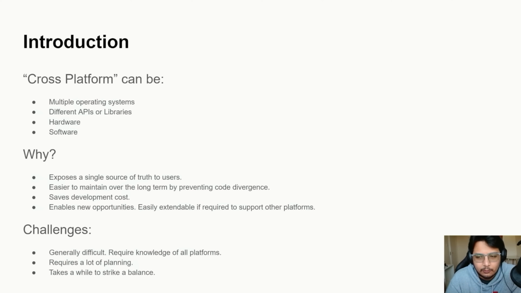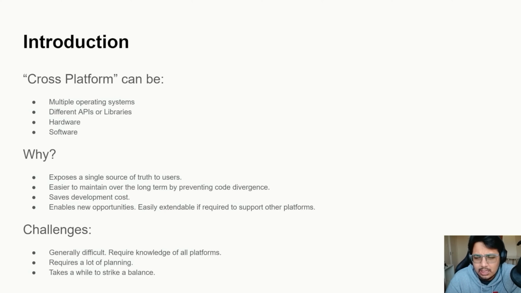So when I say cross-platform, it can mean multiple operating systems, your Windows, your Linux, your Mac OS. It can mean different APIs or libraries. So an example in the games industry is that we have so many flavors of graphics APIs to choose from. On Windows, we have 2 already, DirectX 12 and Vulkan.